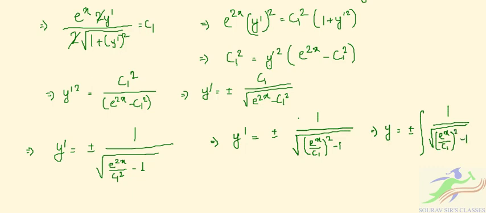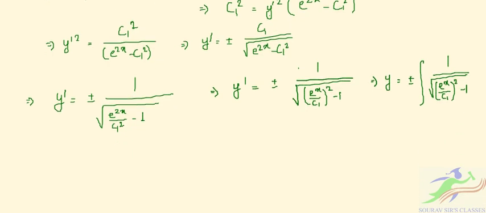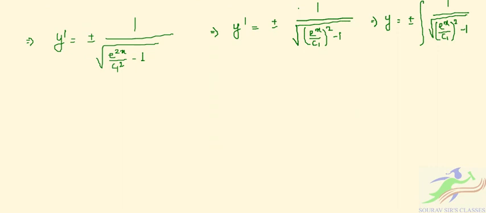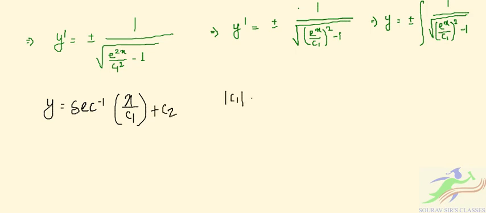Integrating both sides, y equals plus minus integral of 1 by root over e to the power x by c1 whole square minus 1. Now suppose we take y equal to sec inverse of e to the power x by c1 plus c2, where mod of c1 is less than 1 and c2 is arbitrary, right?